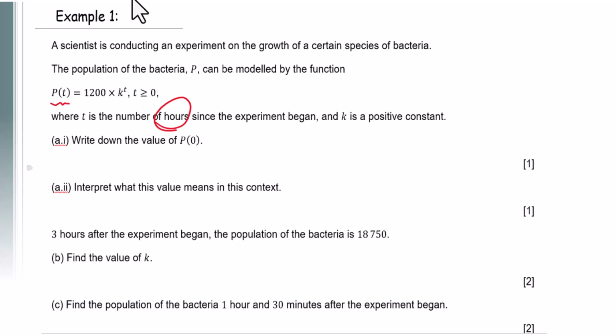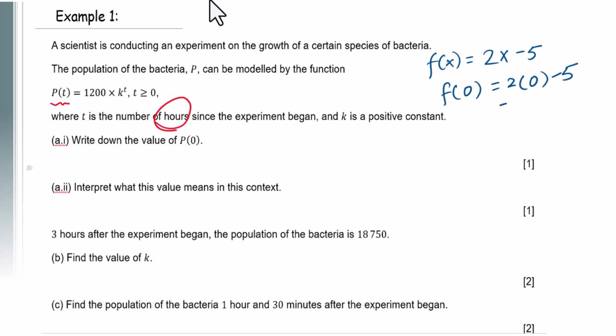Write down the value of P of 0. P of t is function notation, just like f of x equals 2x minus 5. Then f of 0 equals 2 times 0 minus 5 equals negative 5.